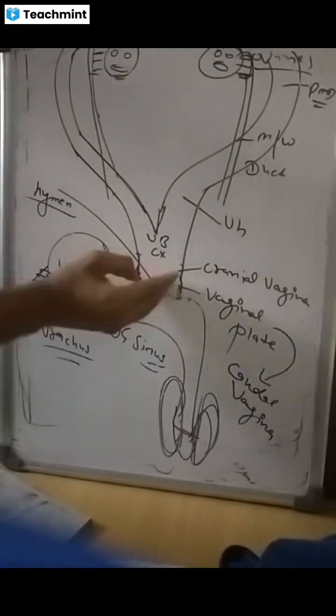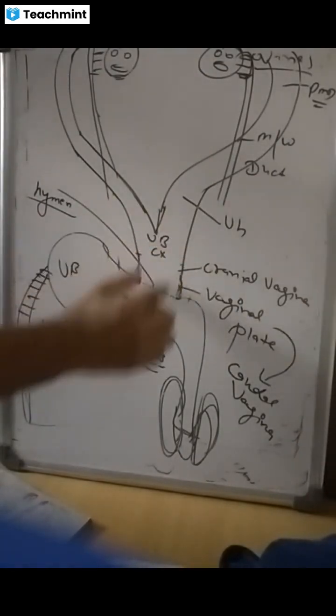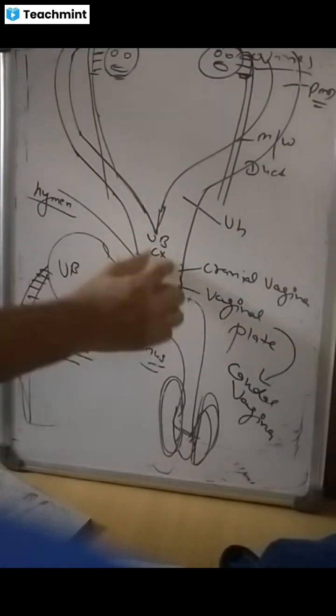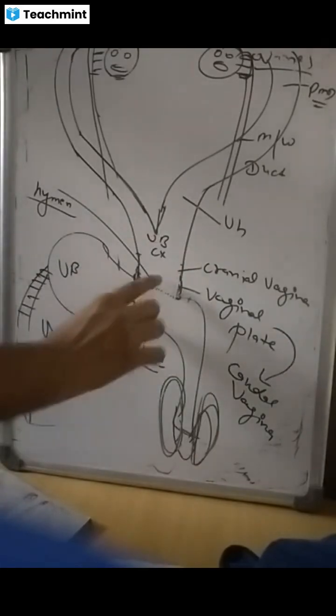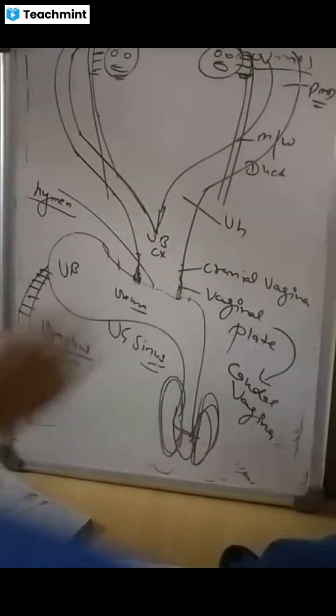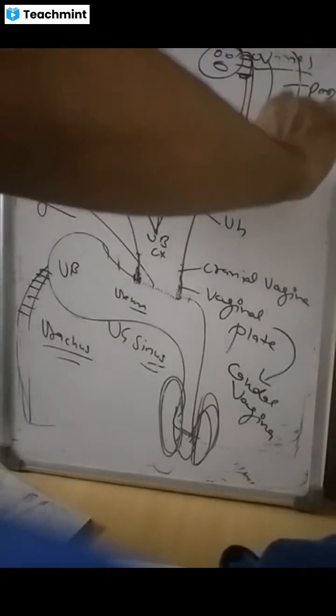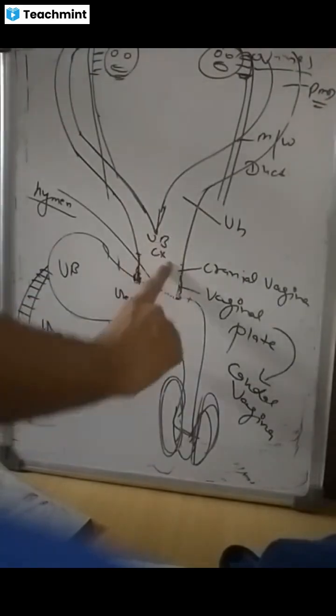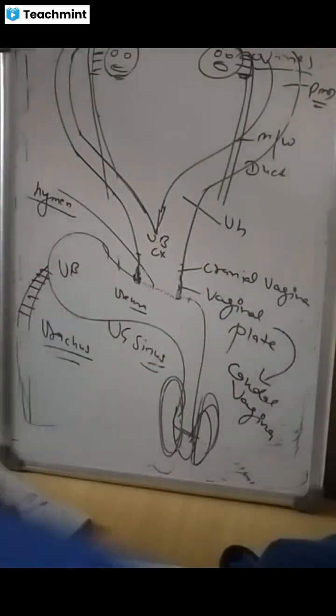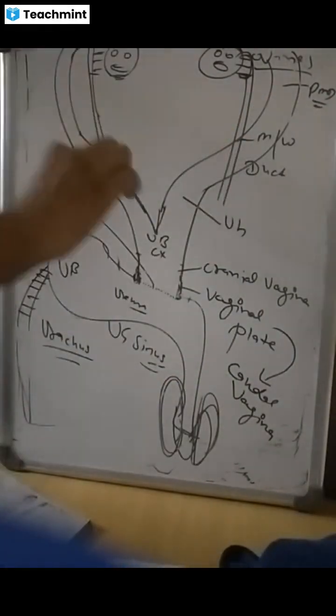After some time, this vagina fuses with the paramesonephric duct, so that it gets connected. From the paramesonephric duct, the uterine body is formed, the cervix is formed, the cranial vagina is formed, and the rest from the urogenital sinus.